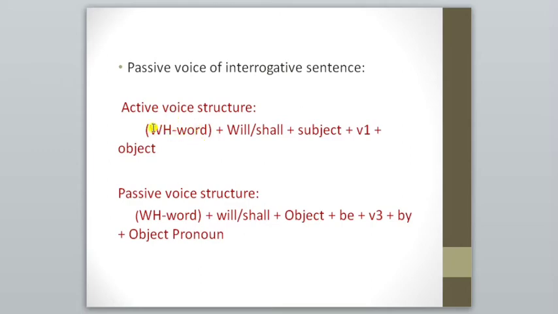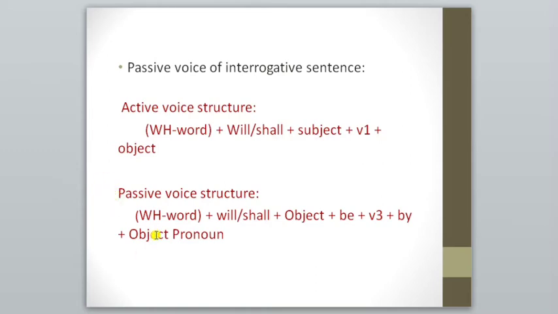When it is a WH question, use this WH word, and if the WH word is not there, then it is a verbal question, that is a yes-no question, and then you follow the remaining structure. So: WH word plus will or shall plus subject plus V1 plus object. Are you understanding? Are you getting me? Okay. The WH word can be anything.